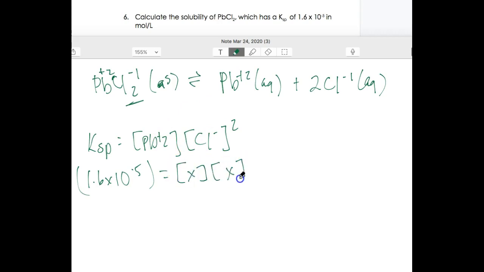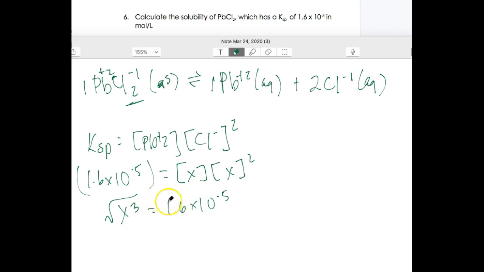Okay, x to the 2 power. We literally just replace these with x. And when we solve for x, we could figure out what this is, and whatever this is, because it's a 1-to-1 ratio, that will represent that as well. So x to the 3rd power is equal to 1.6 times 10 to the negative 5. And you cube root this, right? You guys cube root this.